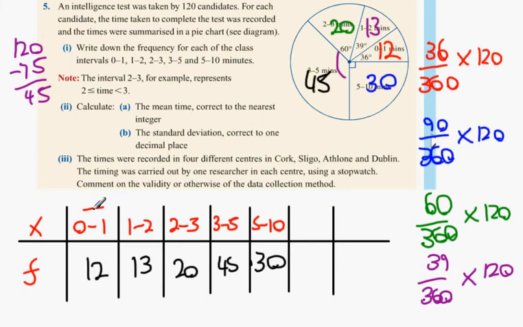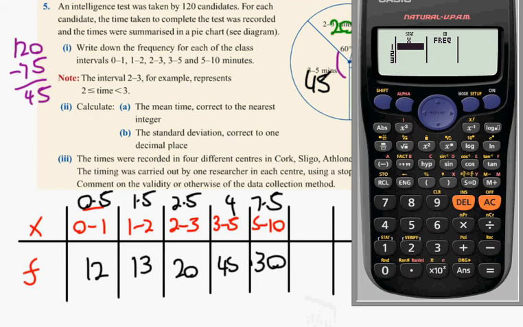So the center of 0 to 1 is 0.5. Next one is 1.5, 2.5, 4, and 7.5. They're the numbers we're going to have to use. So 0.5, 1.5, 2.5, 4, 7.5.